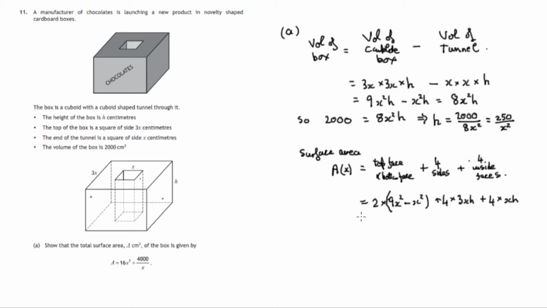So let's see if we can sort this lot out. 9x squared minus x squared is 8x squared, times 2 is 16x squared. Well, we're good with that. We've got that part of it. The next part, 12xh plus 4xh is 16xh.